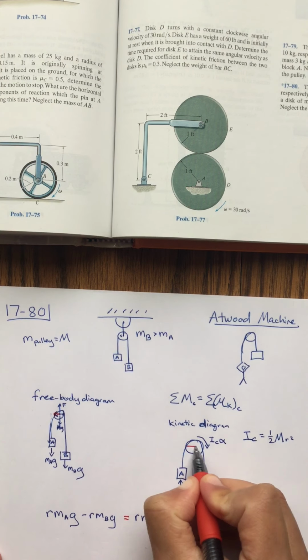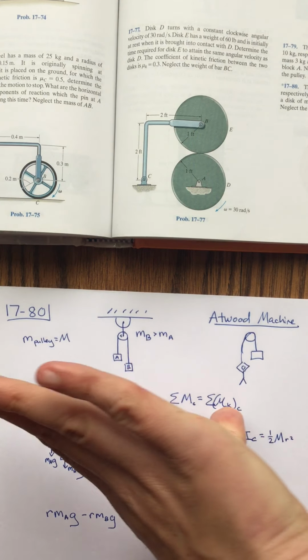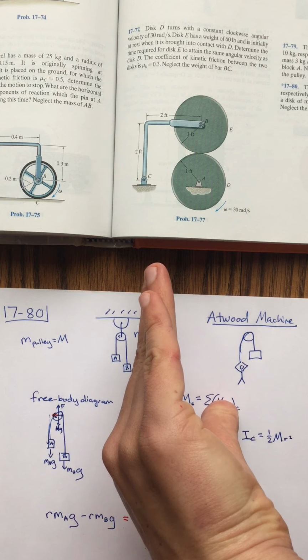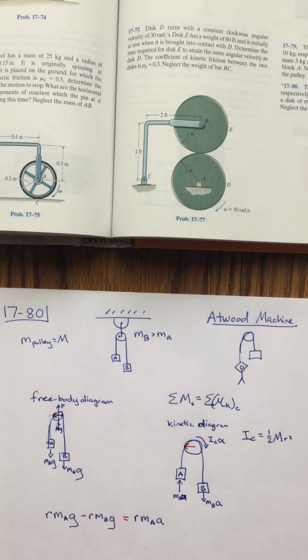So if I do r crossed with m_A times the acceleration, that's negative. And this is also negative. And then I have my moment of inertia times the angular acceleration. So that is plus 1/2 times m r squared times alpha.